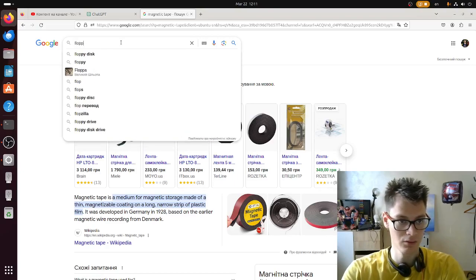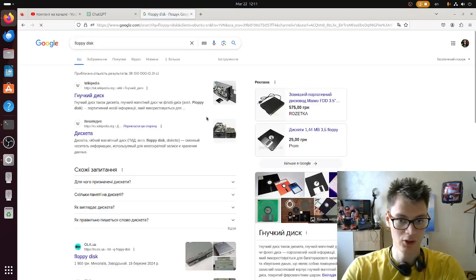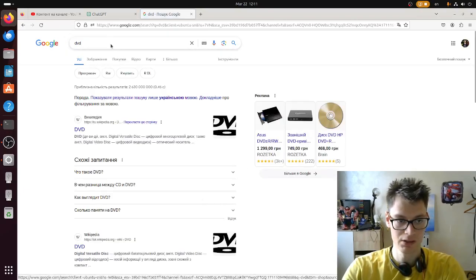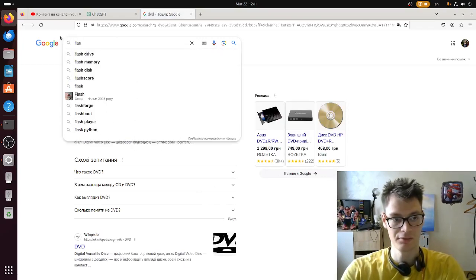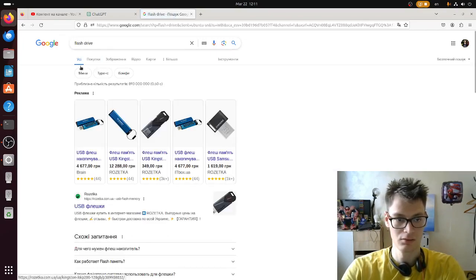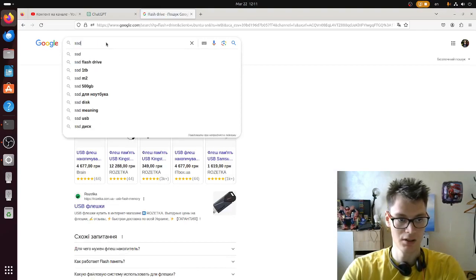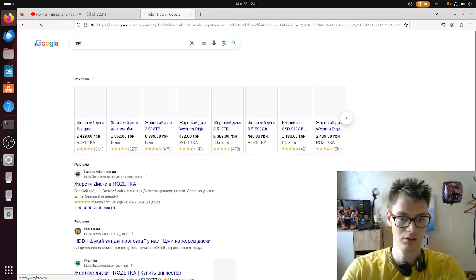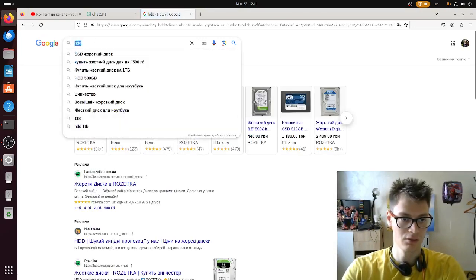If you are old, maybe you also know the floppy disk. Then maybe DVD. Then flash drive. Then SSD. Of course, HDD. And that's all, right? I think that's all.